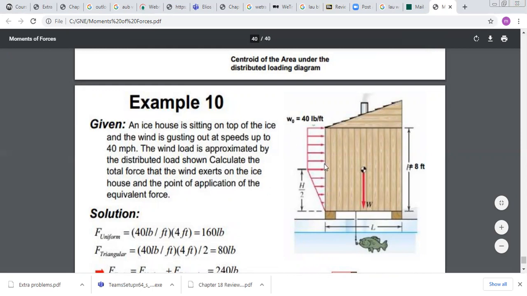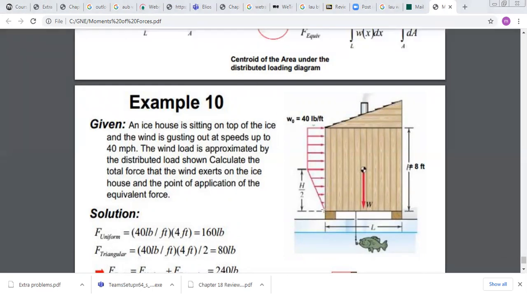And they gave us that the distributed load of wind can be divided into two parts, as you can see in the figure. You have first a linear distributed load, and then after a certain height, you have a constant distributed load. And what you want to do is reduce the system to only one force.